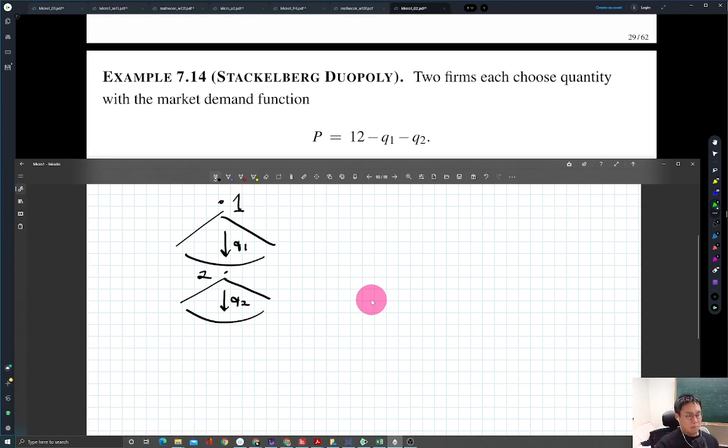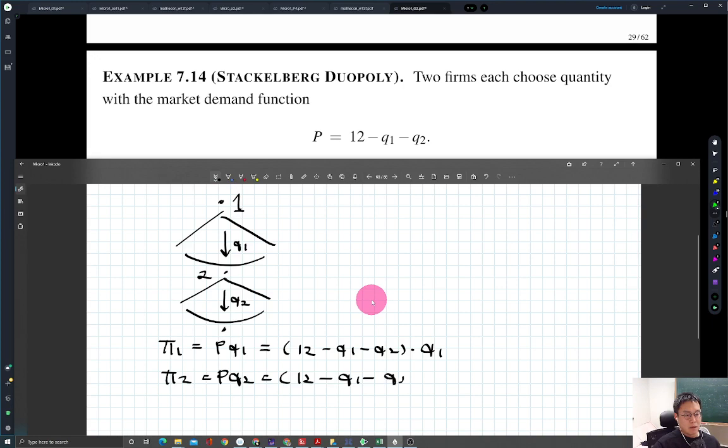Firm 1's payoff is going to be P times Q1, because we assume there is no cost, so the revenue will be identical to the profit. Instead of P, we can substitute the market demand function to express the payoff in terms of Q1 and Q2. Then firm 2's profit is P times Q2, so market demand times Q2.